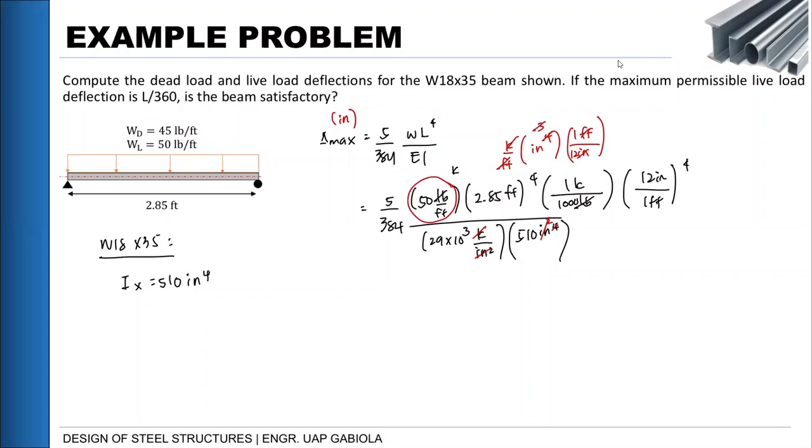Okay, so, pag kinalculate natin, 5 times 50 times 2.85 raised to 4 times 12 raised to 4 over 1,000. Ito pa lang yung numerator. So that is, idiretso ko na sa calc, no? So, over 384, 29,510.